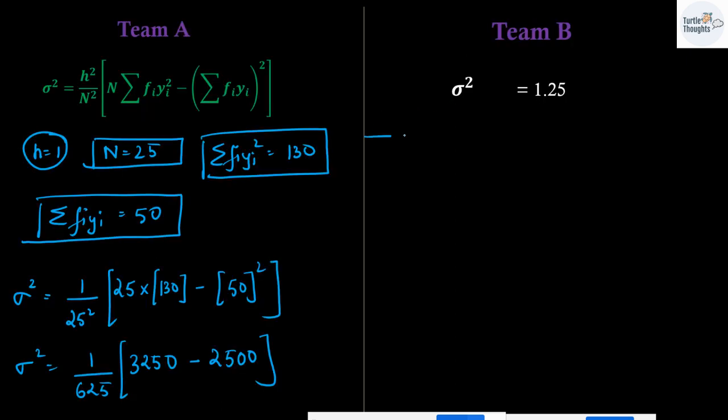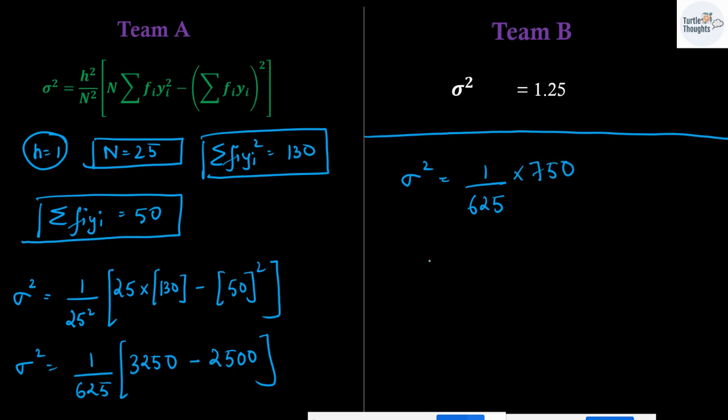So let me take it down over here. Sigma square for team A is going to be 1 divided by 625, and 3250 minus 2500 I will be getting as 750. Now sigma square, we will be getting the value as 1.2.